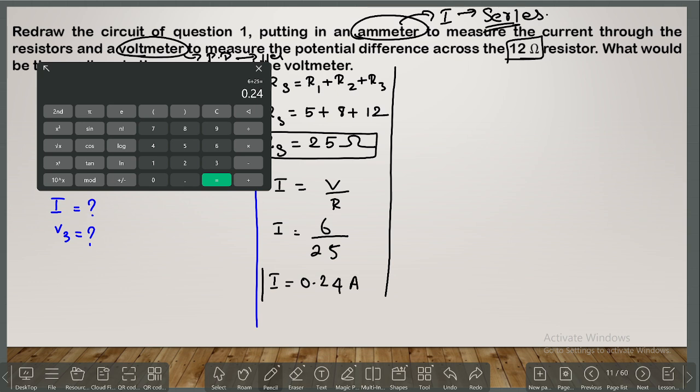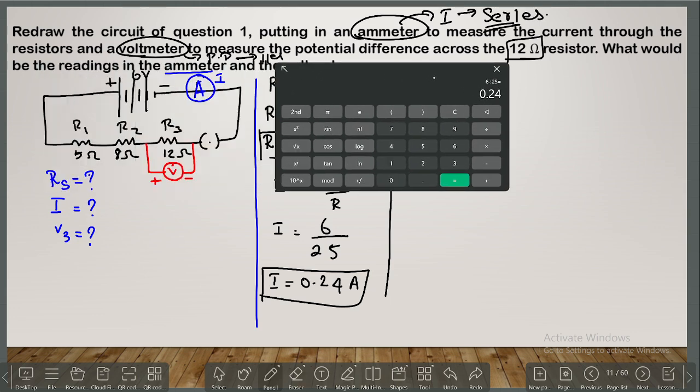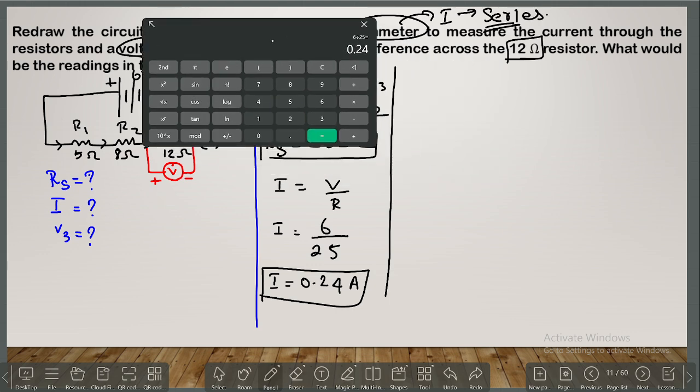How much current will pass through the circuit over here? I is equal to 0.24 ampere. That states that in each and every resistor the same current is going to pass. If 0.24 is passing in R1, then in R3 also the same amount of current is going to pass.